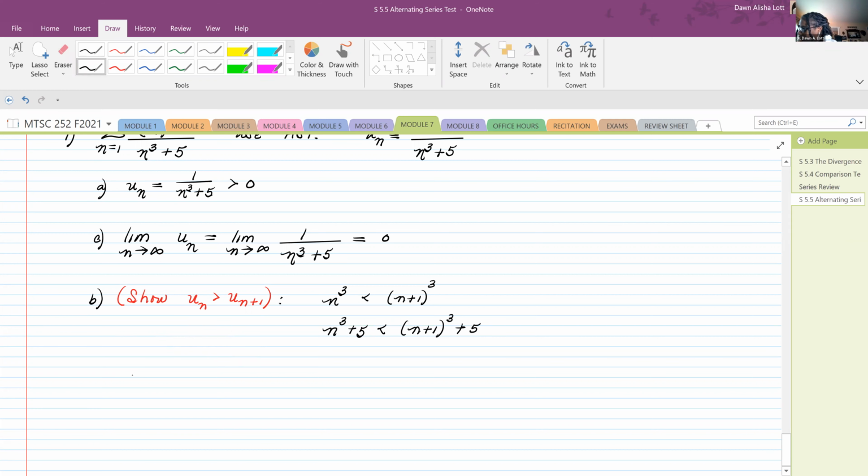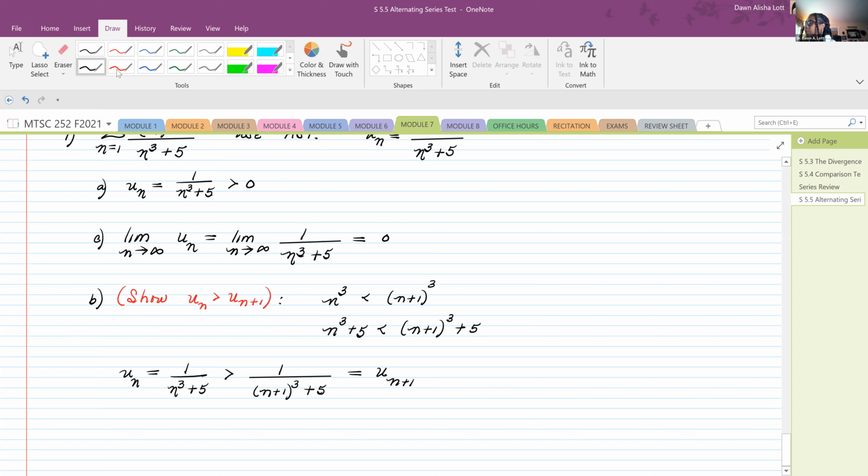So therefore UN, which is 1 over n cubed plus 5, is certainly greater than 1 over n plus 1 cubed plus 5, and that is equal to UN plus 1.